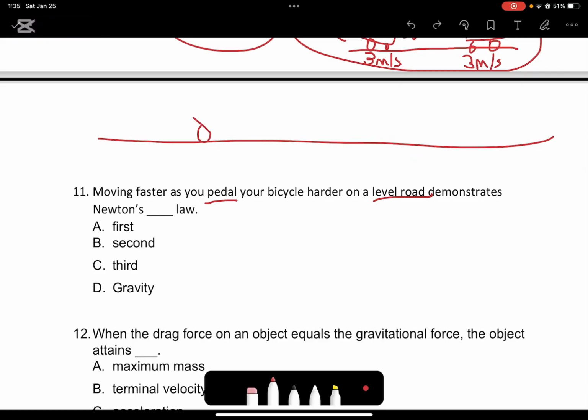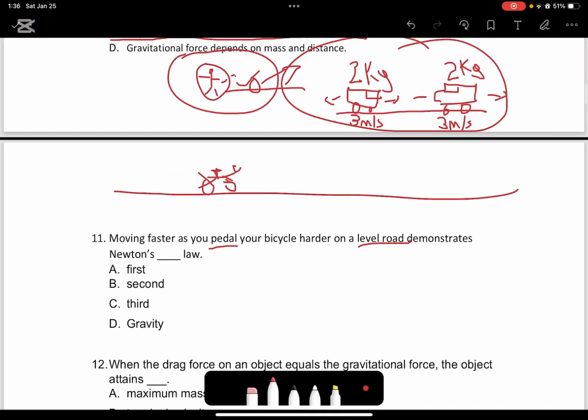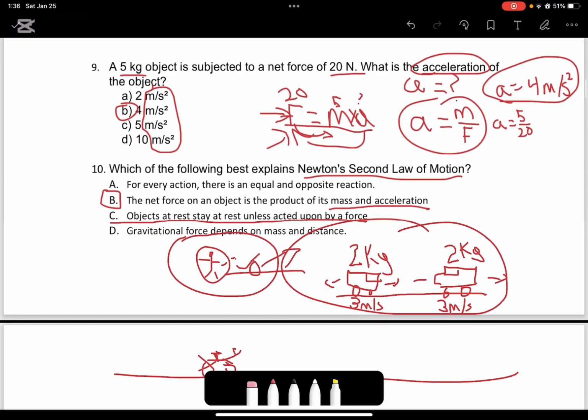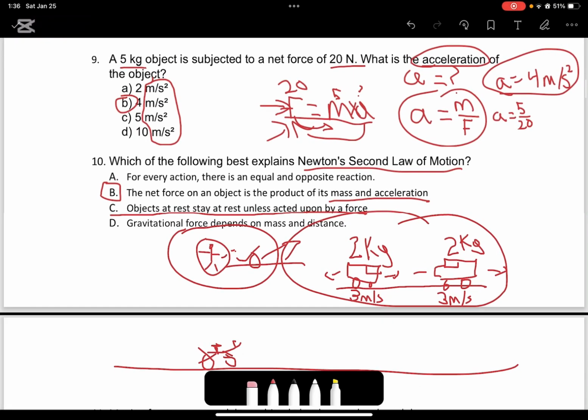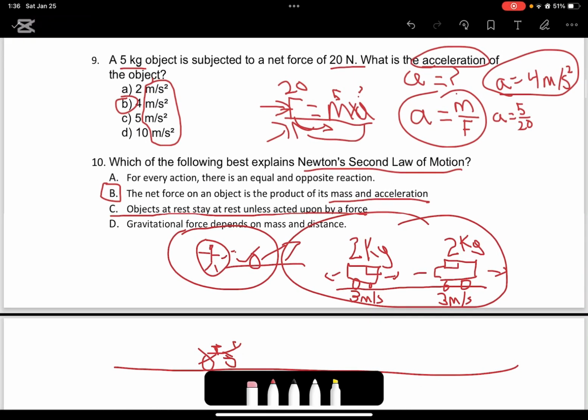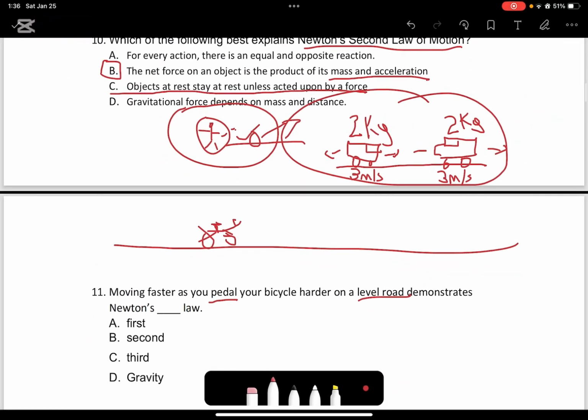Imagine it's a bicycle. Now, if you're familiar with Newton's second law, it's the only law that describes or uses acceleration. So yeah, it's gonna be Newton's second law.